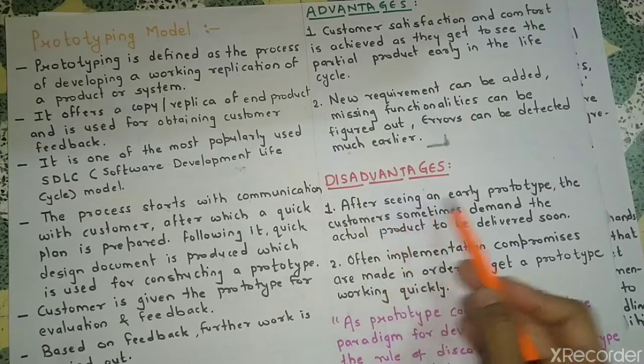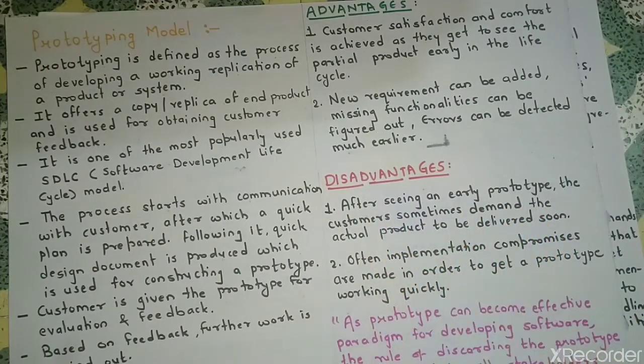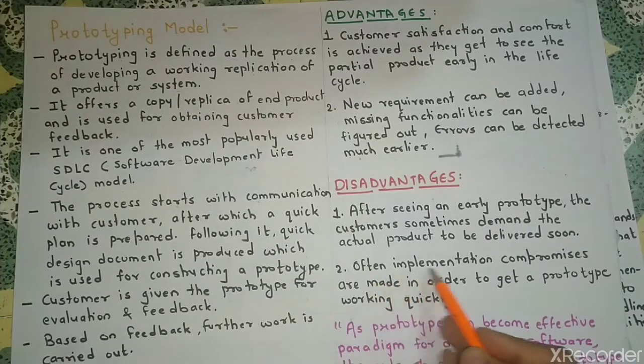So after seeing an early prototype, the customers sometimes demand the actual product to be delivered soon. Customers are under the illusion that if the prototype can be developed faster, why not the actual product? And that can put the development team in trouble. The second is often implementation compromises are made in order to get a prototype working quickly.